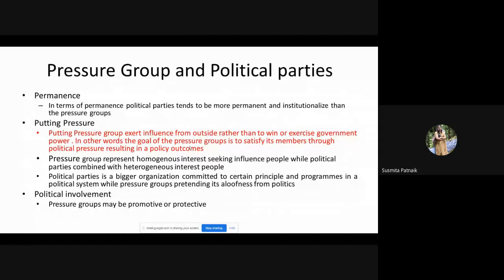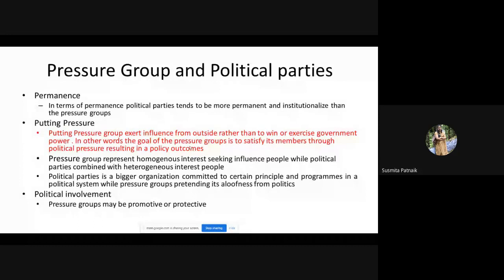So while putting pressure, the political party does not put pressure upon government policies, but pressure groups put pressure upon government policy in order to shape the policy towards themselves. Why? In order to satisfy the interest of their members through different realizations, resolutions, and legitimizations.